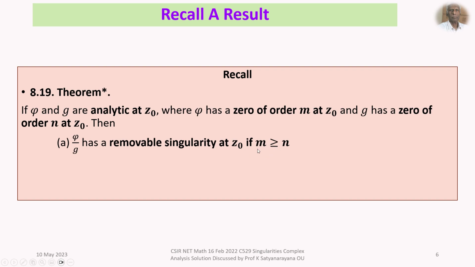So when m greater than or equal to n, phi by g has a removable singularity.